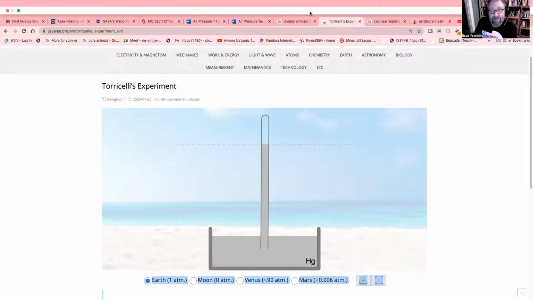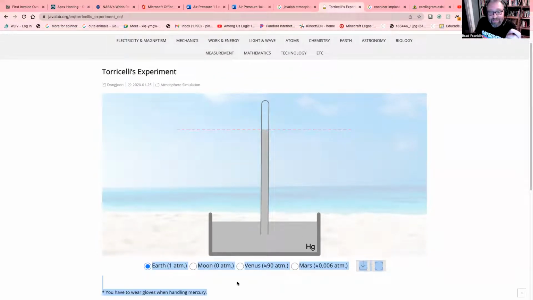Now, the thing about the vertical glass tube is the air pressure at sea level rises that mercury level to 760 millimeters up the gradated glass tube.